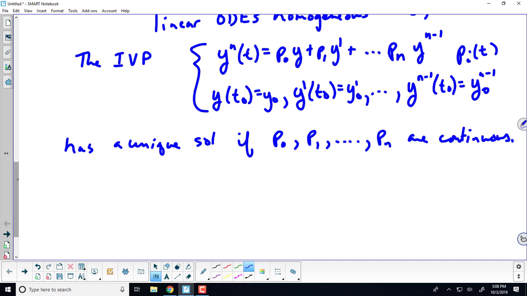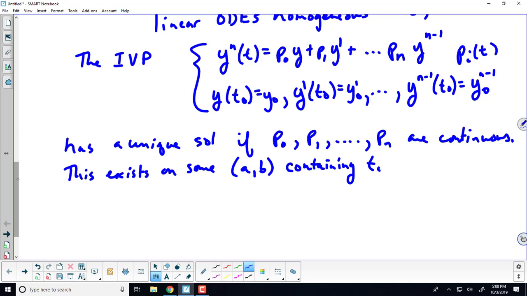I should have put it in there, but let me just add, this exists on some interval containing t naught. So you're not guaranteed that the solution will exist, just like we had with the existence theorem. It's not necessarily going to exist forever, but you can find an interval for which you can get a solution.